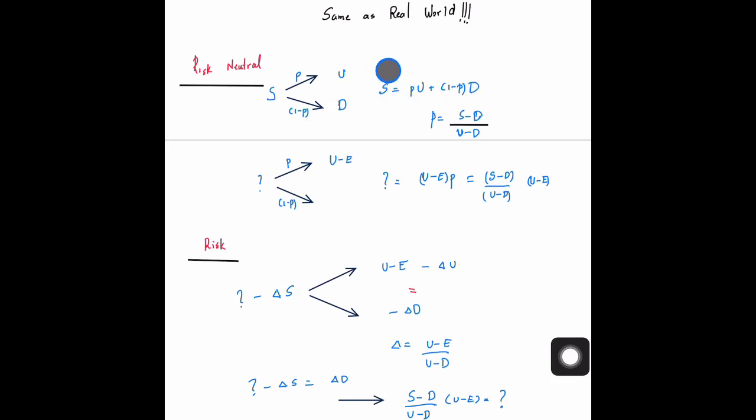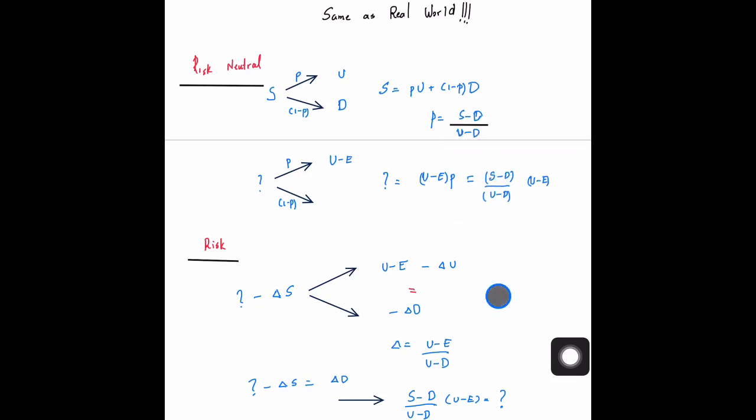According to simple expectations, this has to be put equal to S. You can evaluate the probability and it is going to come out to be this quantity. If you are now evaluating the price of the option using simple expectations, we multiply p times the value with which the option goes up, which is u minus e. So this is u minus e times p, which is equal to this quantity.